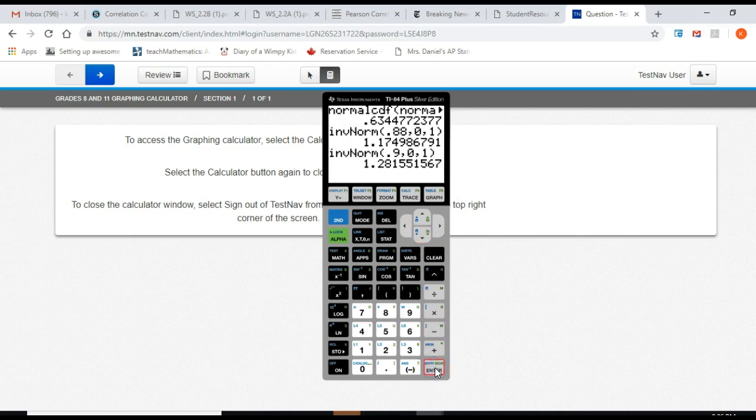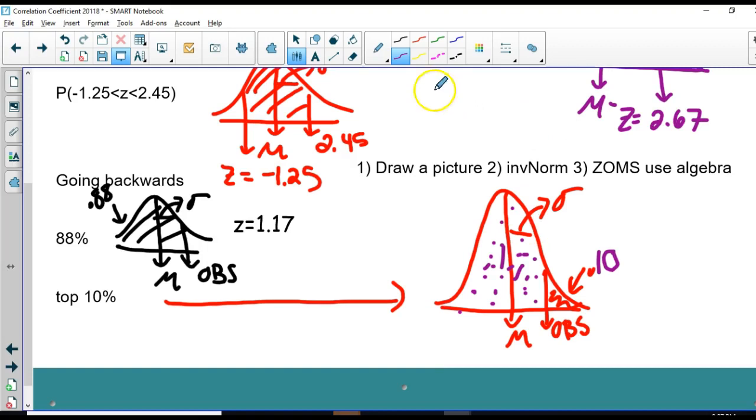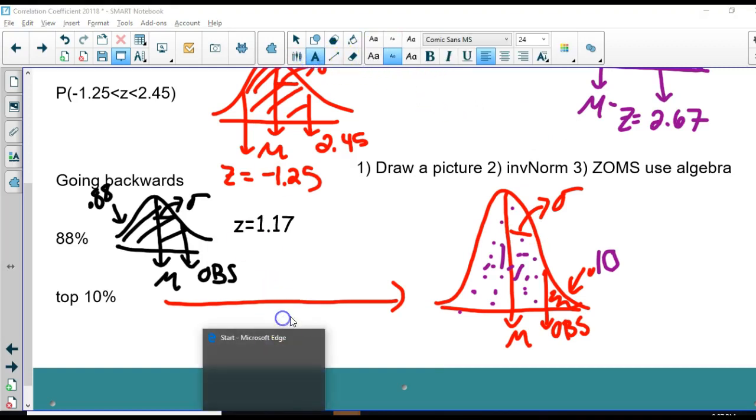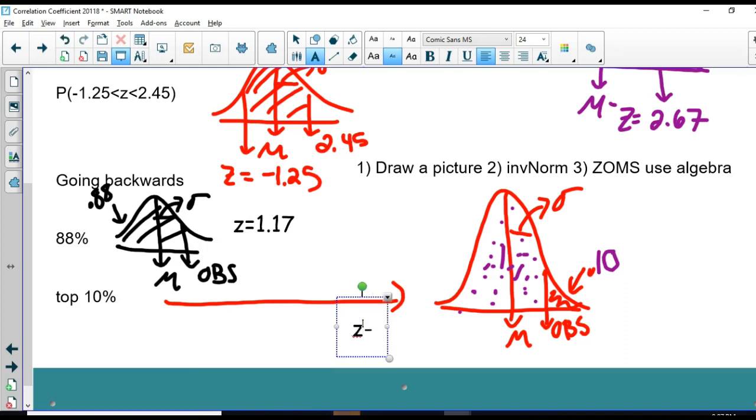And I get 1.28 is my z-score. Z is equal to 1.28. So a z-score of 1.28 will put my observation in the top 10th percentile, or the same thing would be the 90th percentile.